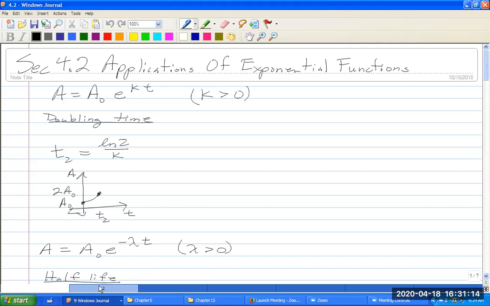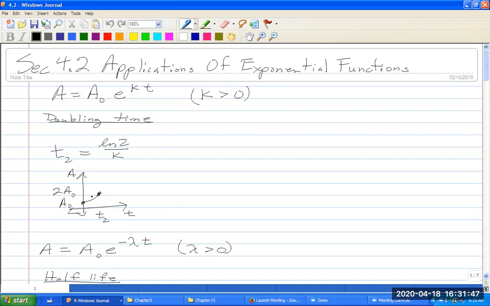Similar to what we did in the last two problems of this last section. Again, for exponential growth, I have A = A_0 e^(kt), where k is greater than 0. Let me define something called doubling time. It is the amount of time it takes for the initial amount to double in size.